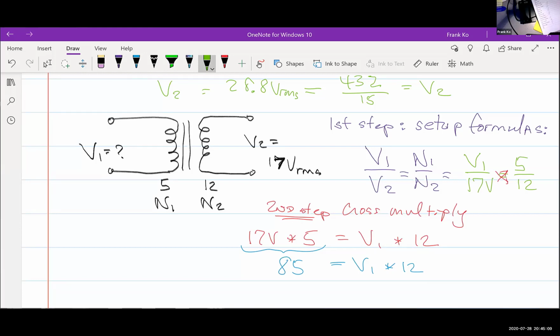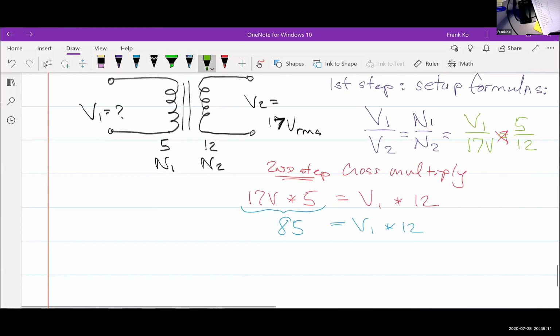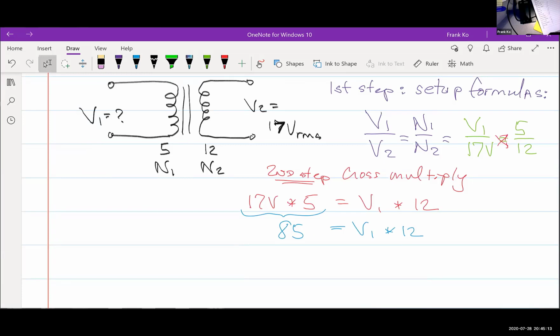Next question goes to Anna. You would divide both sides by 12. Okay, divide this by 12 and divide this by 12. And what would be the result of my math on the right-hand side, Anna? 7.08. Oh, okay, I would end up with a V1.